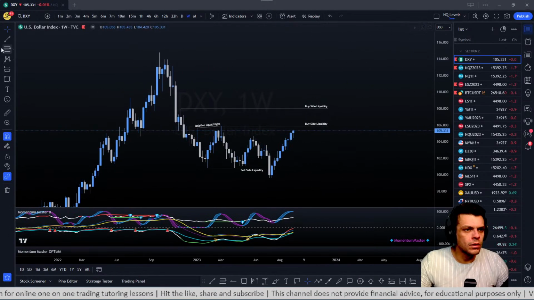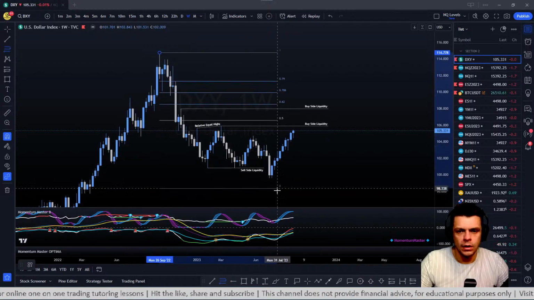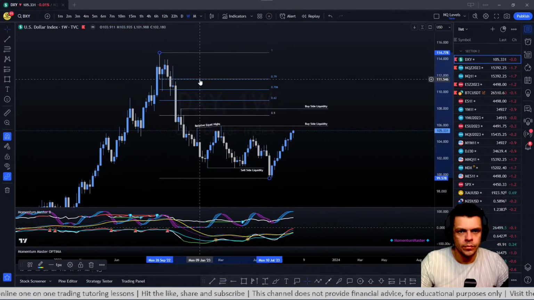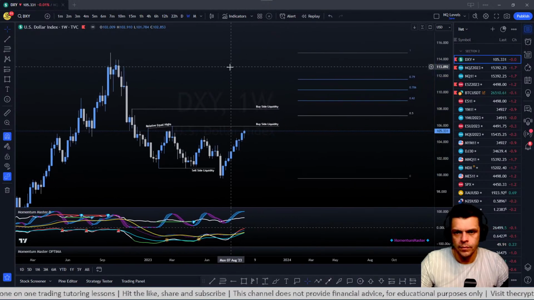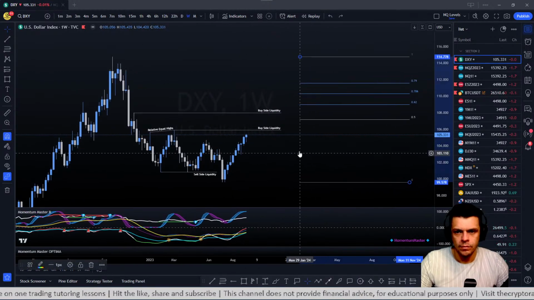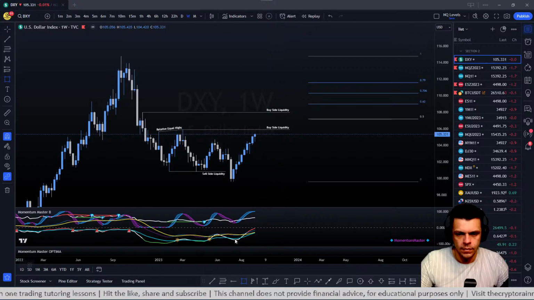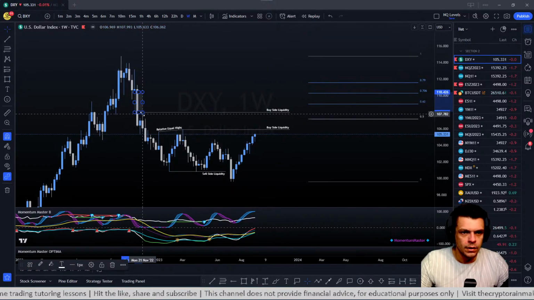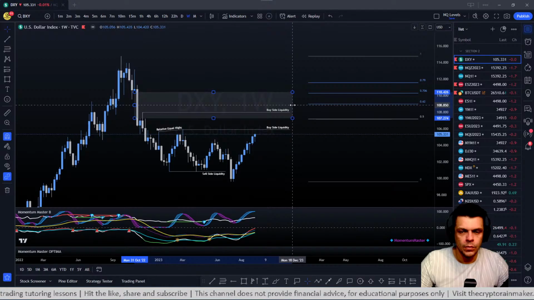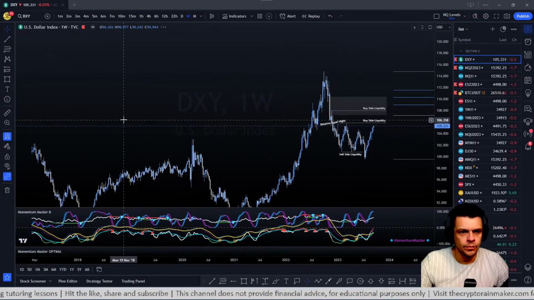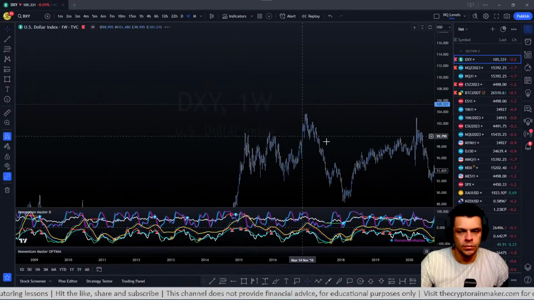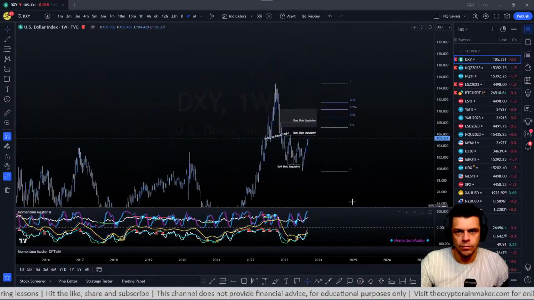Okay, and then also let's pull a Fibonacci from the high to the low. Okay, and then this is the fair value gap on the weekly. Want to see what's going on towards the left.